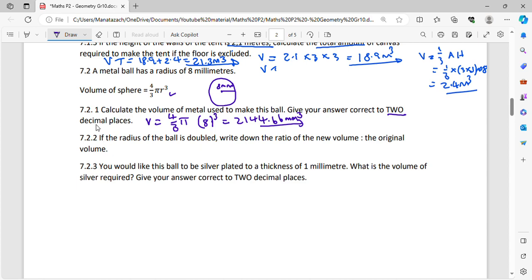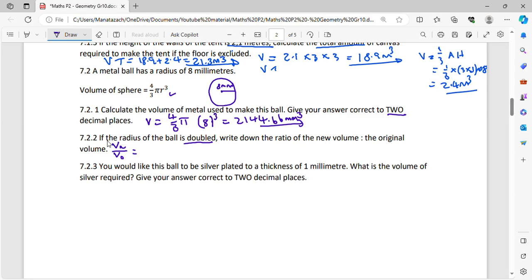Okay, the next question is, if the radius of the ball is doubled, write down the ratio of the new volume to the original volume. Now we have the new volume divided by the original volume.